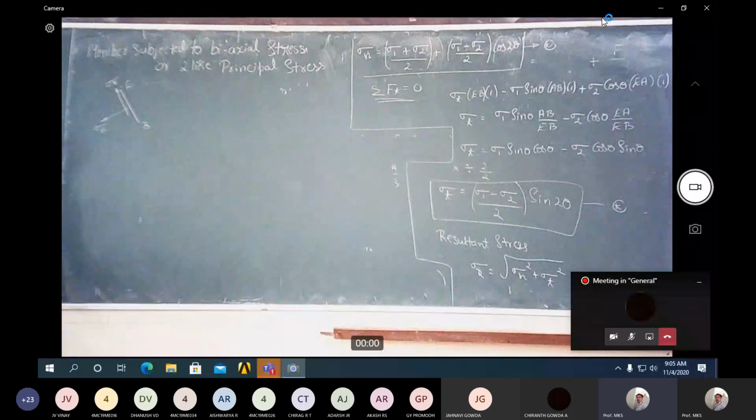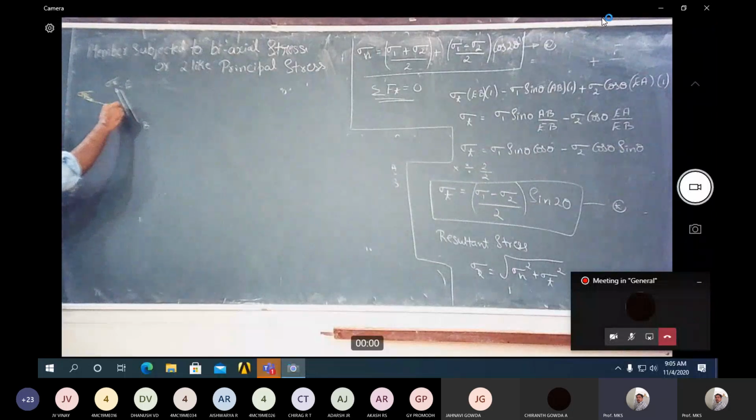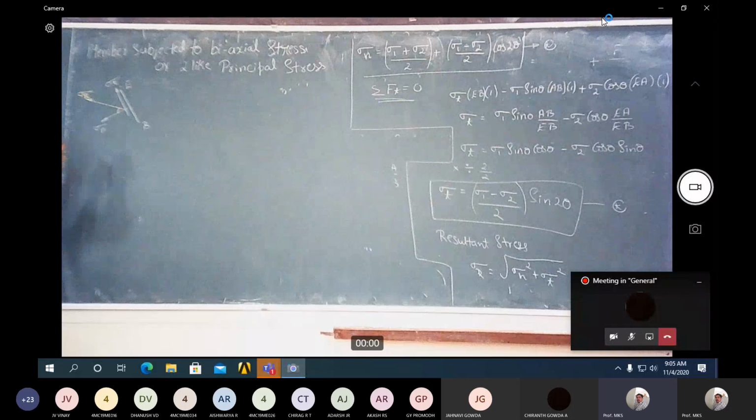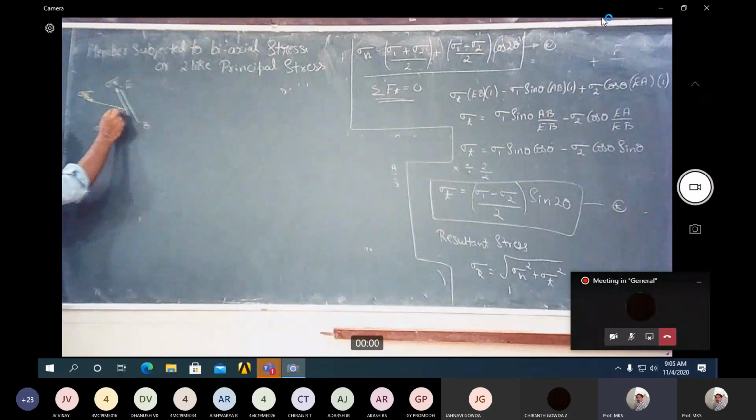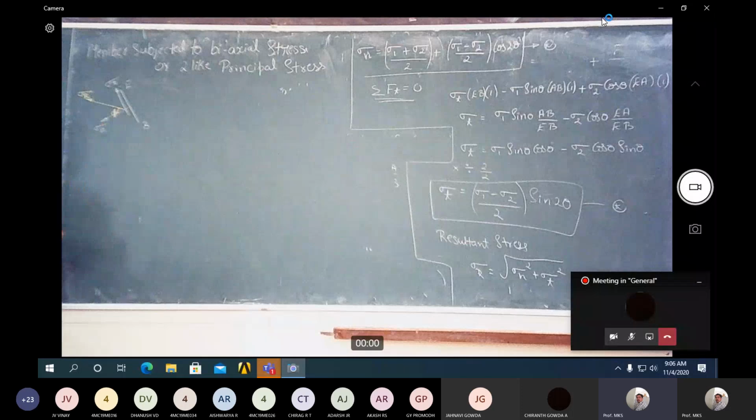And we have a resultant stress acting with respect to the normal stress. So this is the resultant stress, sigma r, and it will be at an angle phi with respect to the normal stress.